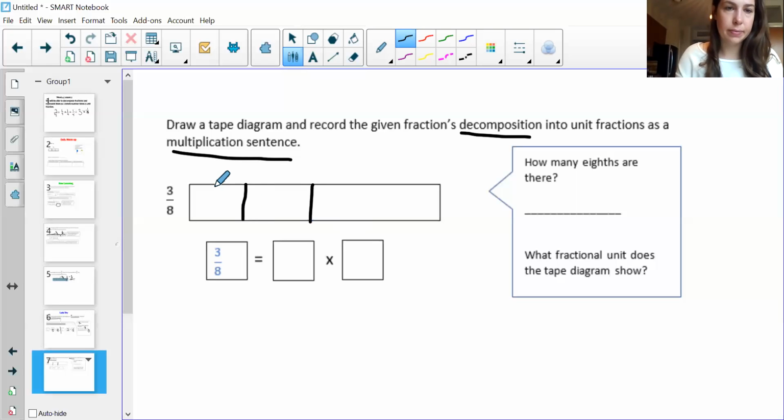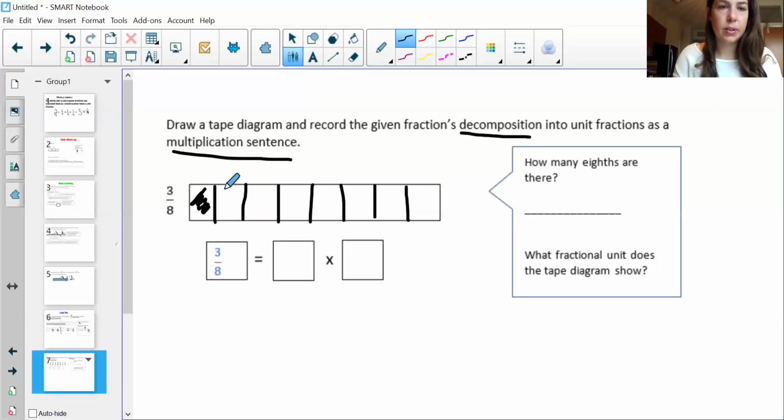So you guys should be doing this in your packet with me. Okay, so now I'm going to double check just to make sure I have 8ths. 1, 2, 3, 4, 5, 6, 7, 8. Yes. Now I need to show 3 8ths, so I'm going to shade in 3 of them.